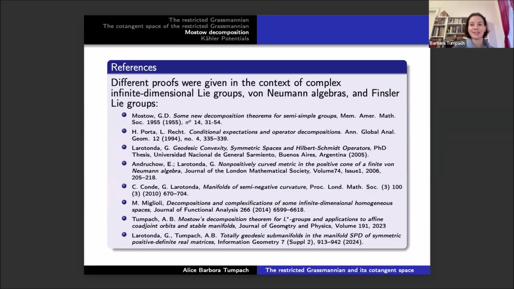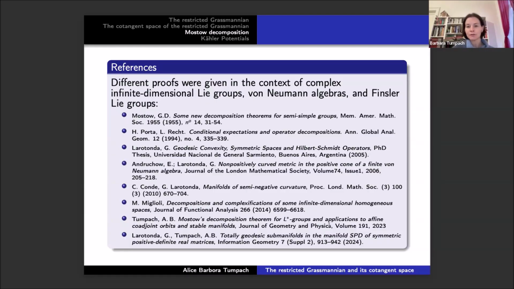Oh, yes, I need to give some references. So there is a huge list of references. These are historical references from the initial version of Mostow in 1955 to a version by Porta and Recht in 1984, another version in 05 by La Rotonda, Andruchow and La Rotonda in 06, Conde, La Rotonda in 010, Miglioli in 2014.